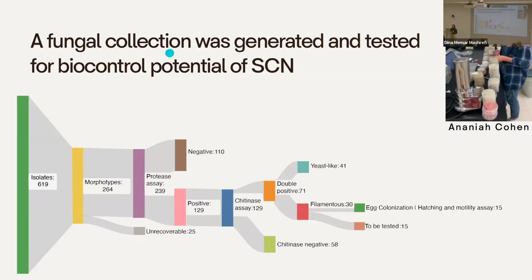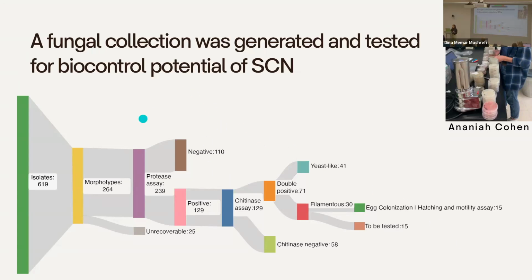In the end, we were able to collect 619 isolates, and those isolates were grouped by their microscopic morphology into 264 morpho groups, and we randomly selected a morpho type from those groups. Unfortunately, 25 of them did not survive our long-term storage methods, so they were unrecoverable after we had stored them.